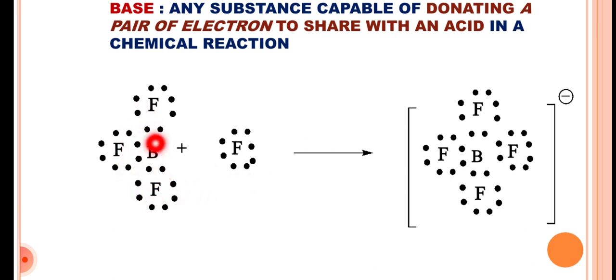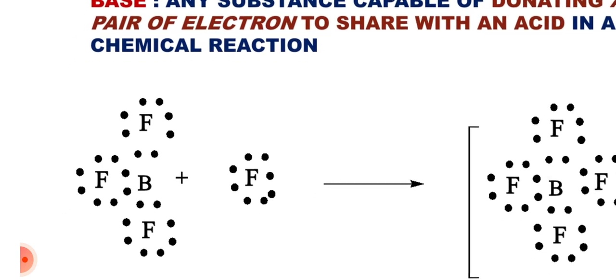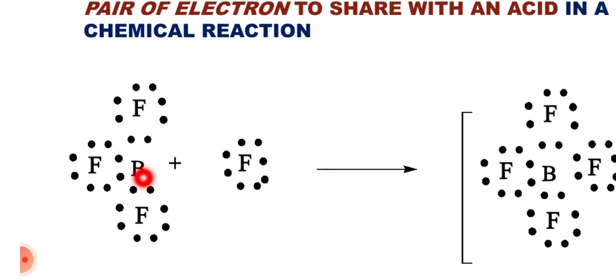Boron trifluoride BF3 in a reaction with fluoride ion gets converted to BF4 anion. If we look at the structure of boron trifluoride, we will find that the central atom boron is surrounded by only 6 electrons.